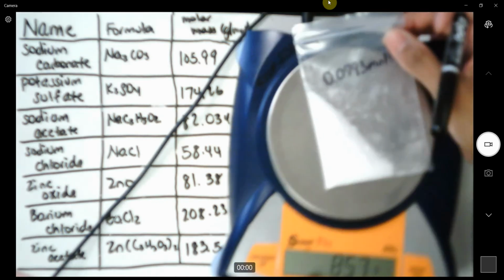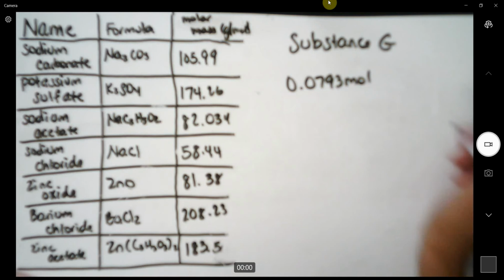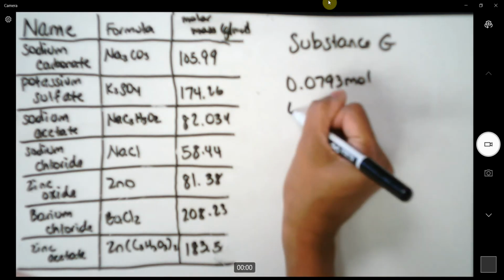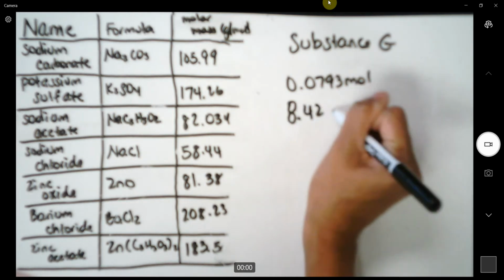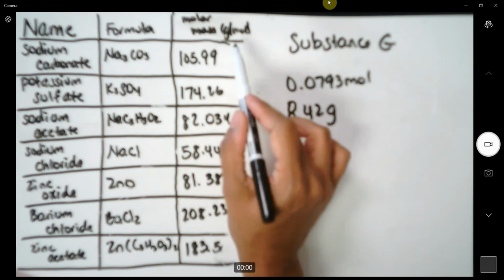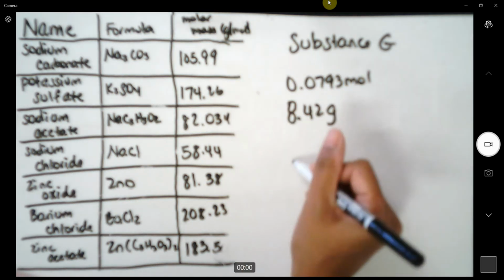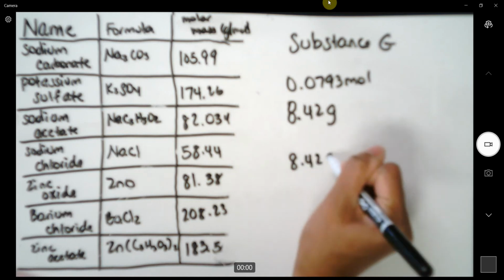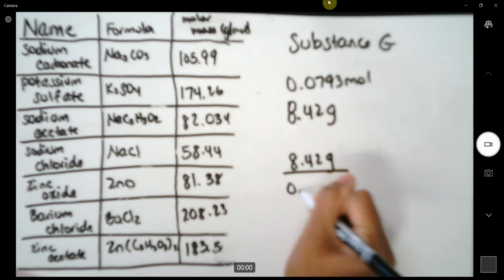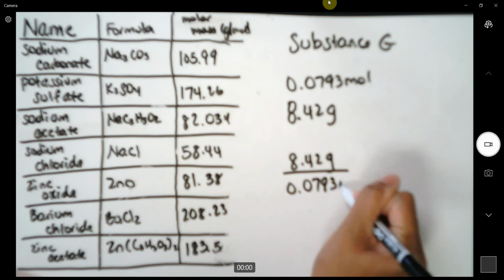Then take this. I'm going to write off to the side 8.42 grams. So now I also know that I have 8.42 grams of this substance. To figure out the molar mass, it's grams per mole, so I just need to do 8.42 grams for 0.0793 moles.